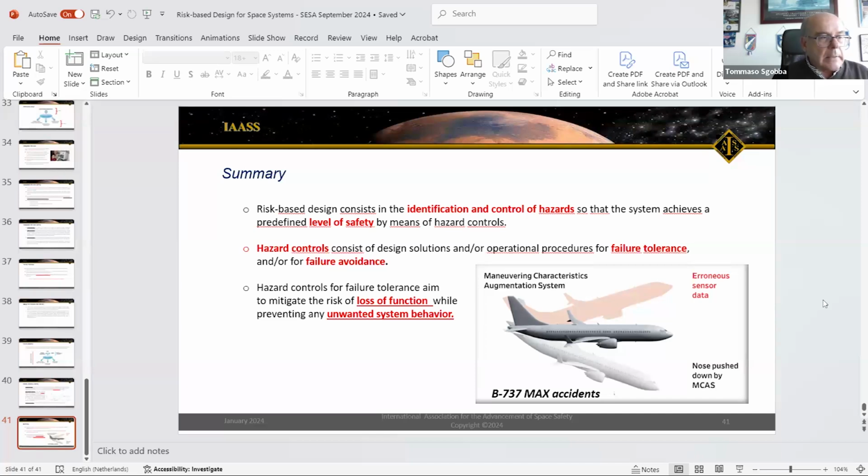Hazard control for failure tolerance aims to mitigate the risk of loss of function while preventing any unwanted system behavior. And what you see there is the picture of the Boeing 737 MAX, which crashed because of a faulty hazard analysis. In the hazard analysis, the functional criticality of the so-called MCAS system was classified only by considering the loss of the function and not the behavior following the loss.